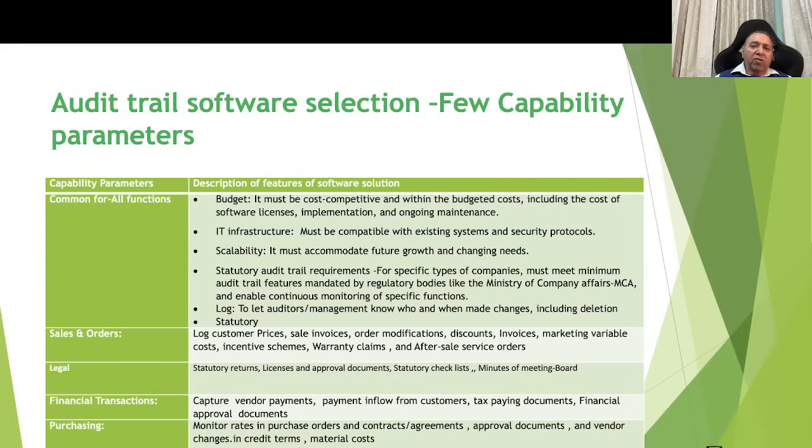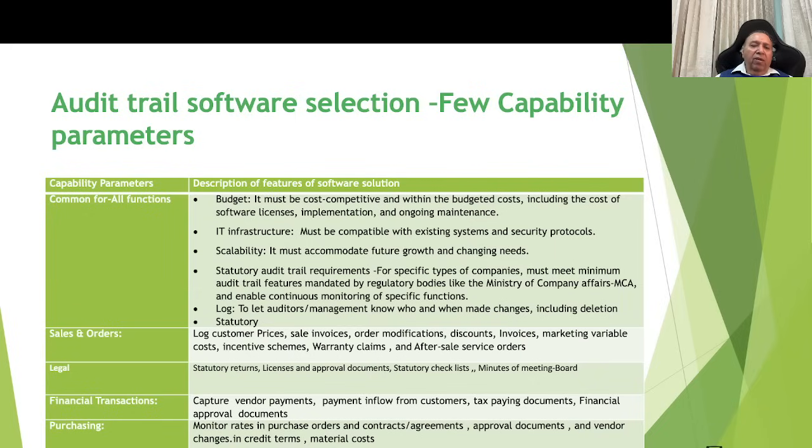Here the software must be able to look at the customer prices, sales invoices, order modifications, discounts on the prices, invoices, market variable cost, incentive schemes, warranty claims, and after sales service orders. So these are the changes which are made in the business documents or processes. This software must be capable in the context of sales and orders.